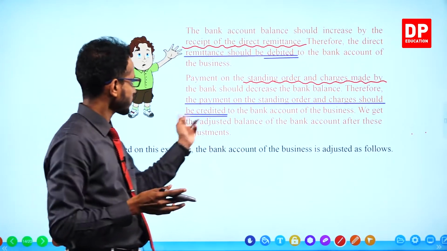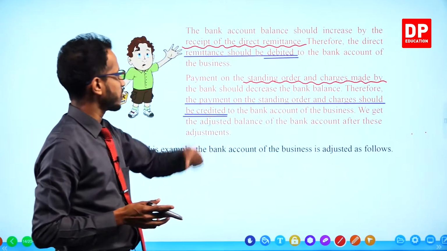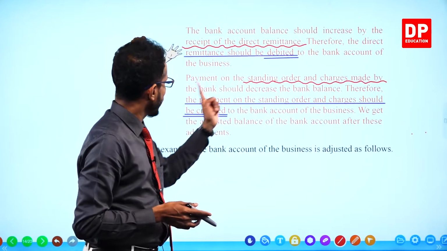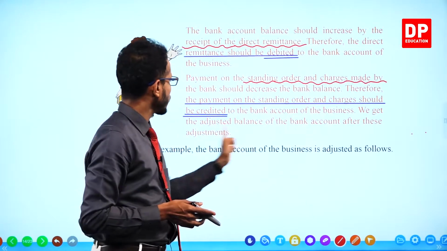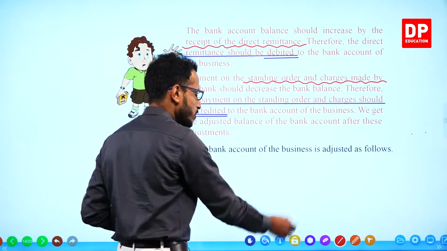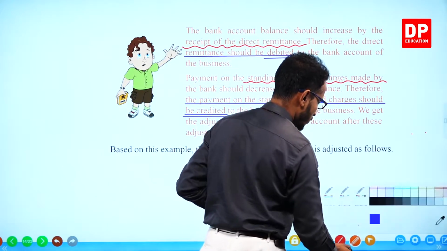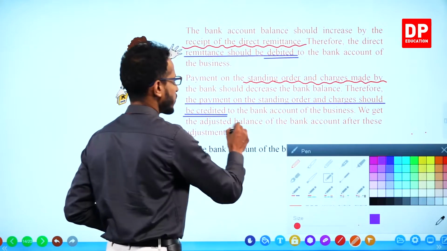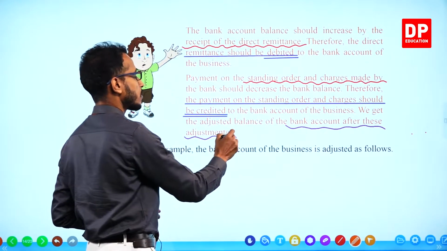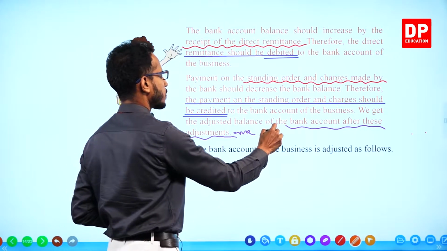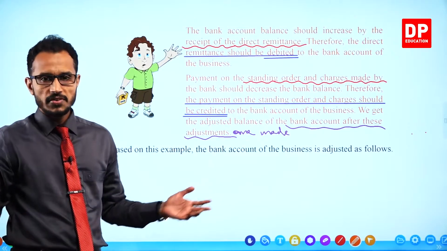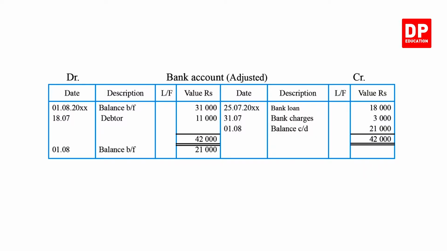Yes. We get the adjusted balance of the bank account after these adjustments are made. So we are going to do the adjustments now. All right, children? Shall we? All right, let's go.